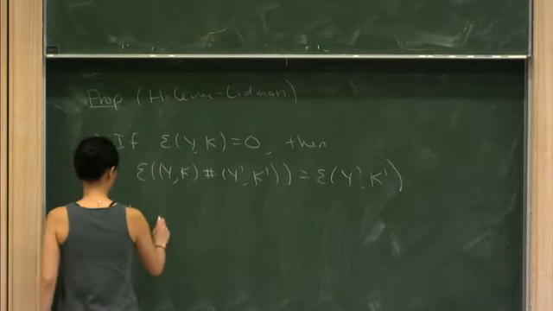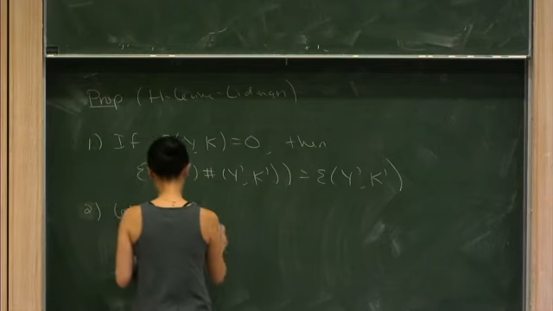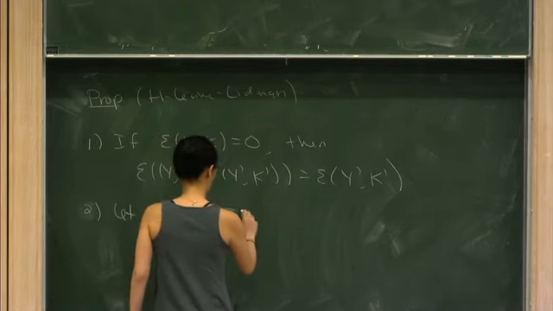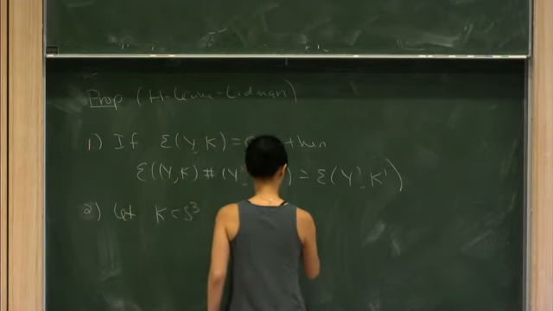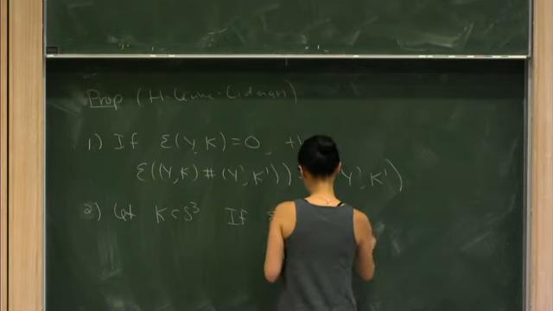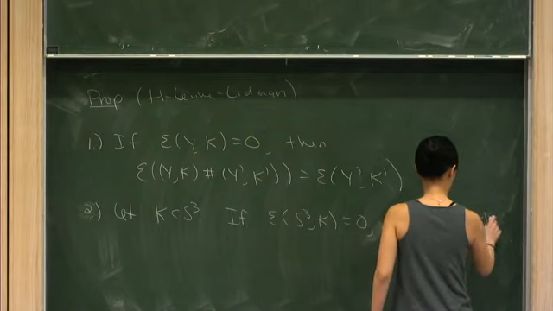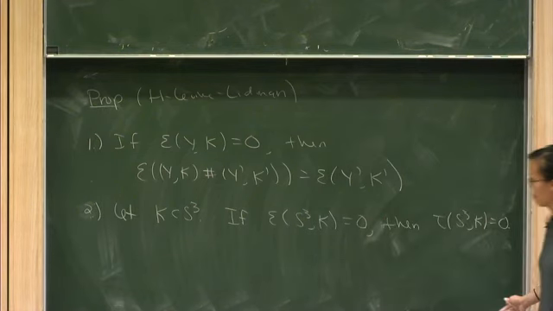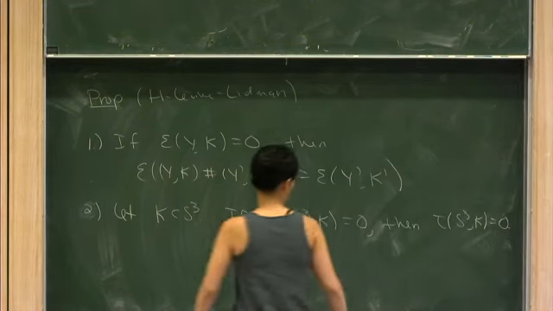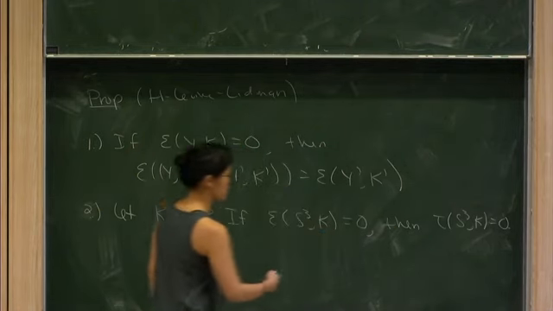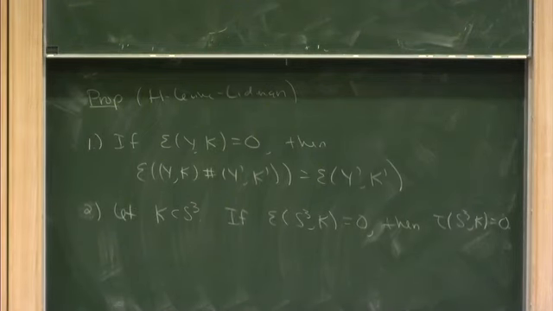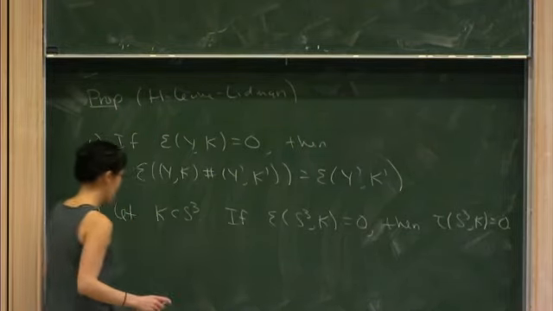If K is a knot in S3 and epsilon is 0, then tau is also 0. The converse is false. For example, tau of the (2,-3) cable of the right-handed trefoil is 0, but epsilon of that knot is 1. So this converse is false.